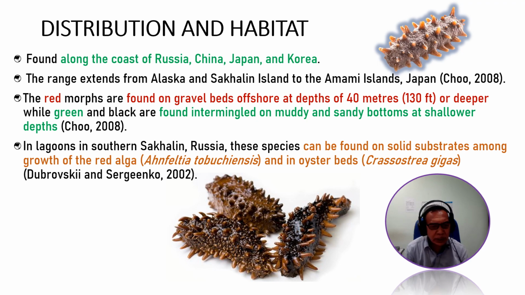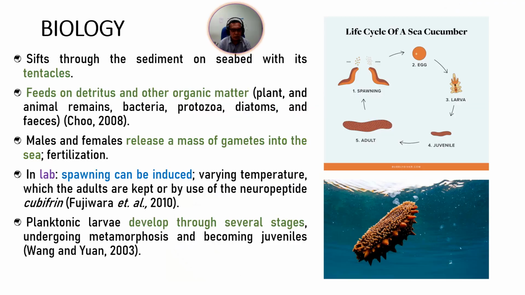in southern Sakhalin, Russia. Spawning can be induced in the lab by raising the temperature at which the adults are kept, or by use of the neuropeptide cubifrin.